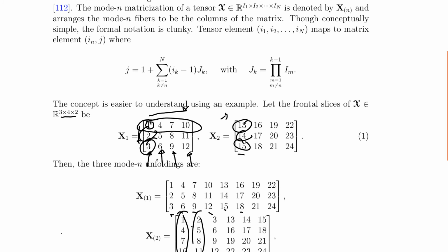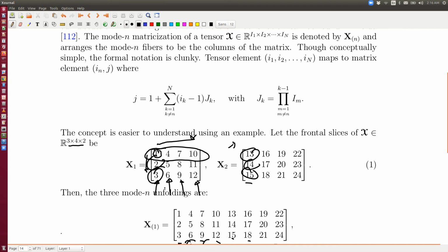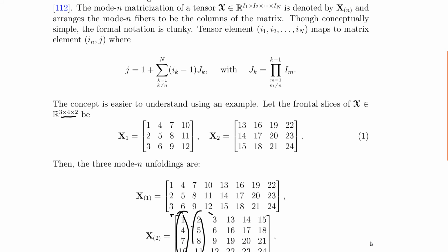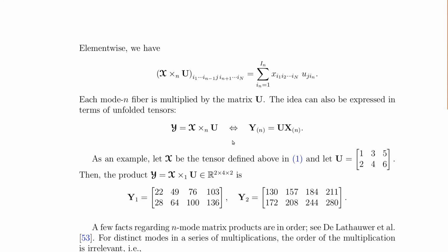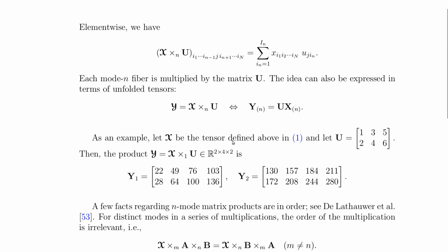So we use this tensor for the numerical example here. I have this tensor with these values, and have a mode 1 multiplication with U, which is this here.